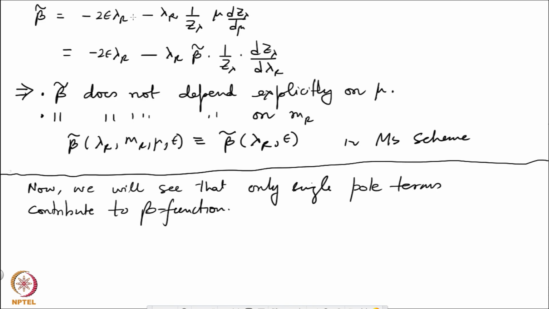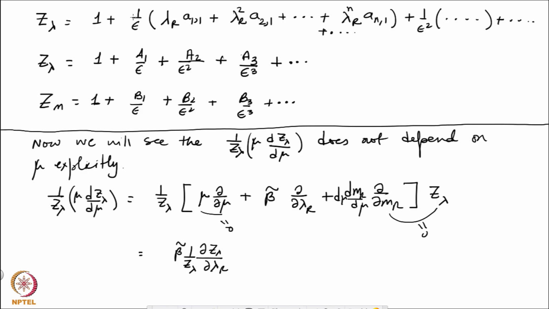So let's look at mu dz lambda over d mu. We have seen just now that mu dz lambda over d mu is beta tilde times dz lambda over d lambda r.